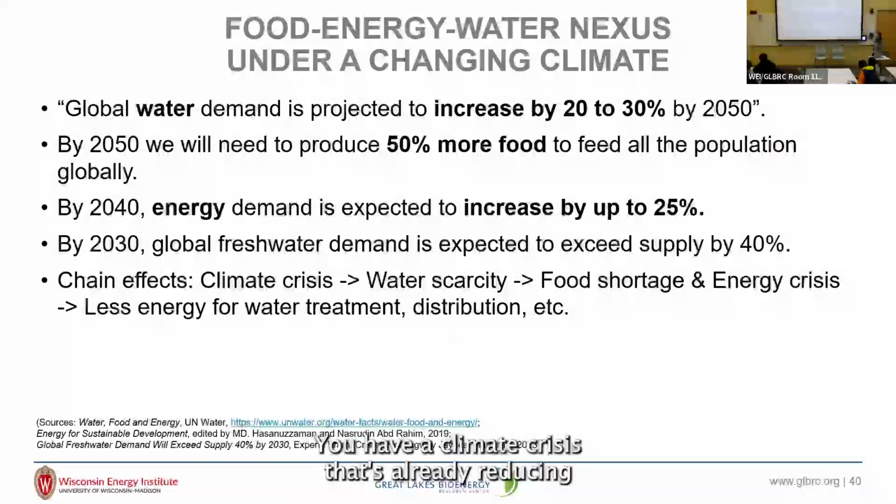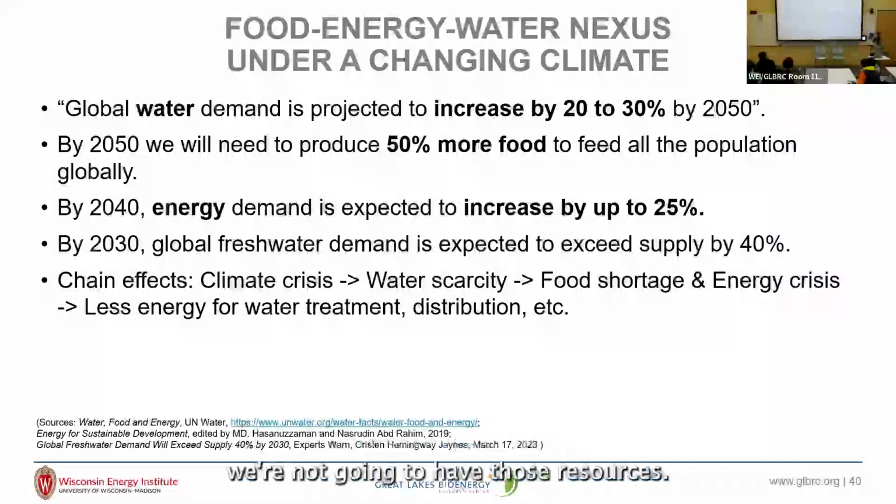You have a climate crisis that's already reducing the amount of water we have. And yet we need more food to feed people. We need more energy to help us electrify our grid, but you're not going to have enough of that. And our municipal needs for water treatment, distribution, wastewater treatment, we're not going to have those resources.